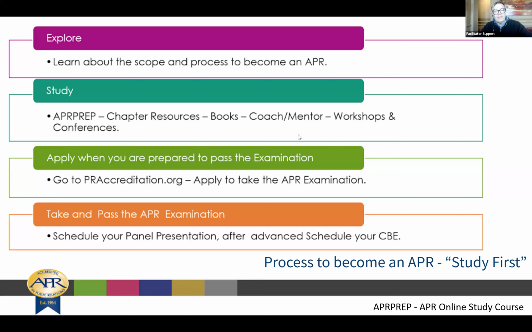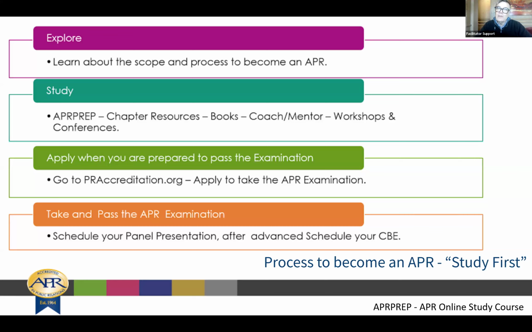These are the 4 steps to getting your APR. The first is explore what the exam is all about. Each one of you is on your path to the APR right now. The second part is to study. There are some chapters and some groups that say the first step is to apply for the examination. We actually recommend that you study first.